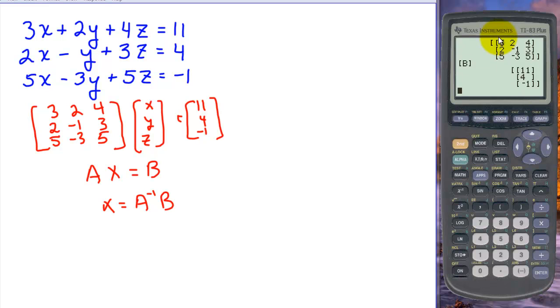Okay, you can see now that I have entered our coefficient matrix and our right side matrix, and again we want to calculate A inverse times B, so let's do that. And we have our solution here of x being -3, y being 2, and z being 4.